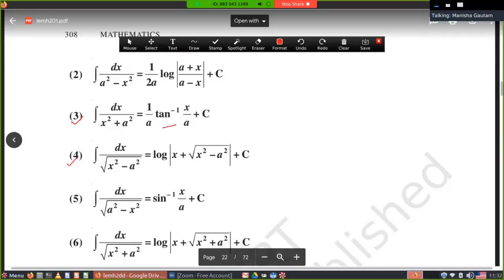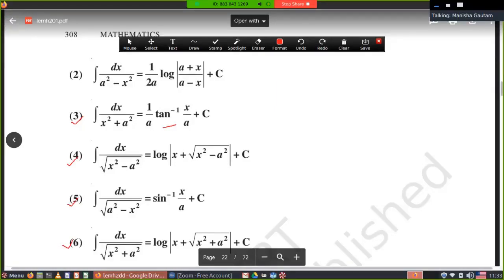And integration of 1 upon under the root a square minus x square is equal to sine inverse x upon a plus constant. And sixth is 1 upon root x square plus a square, which is equal to log of x plus root x square plus a square plus constant.